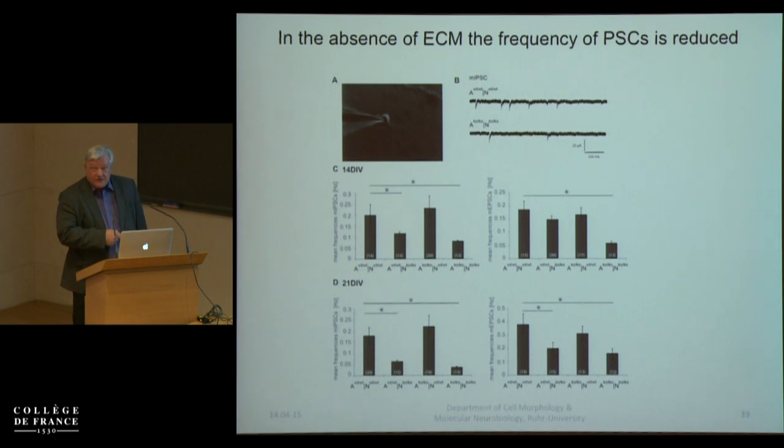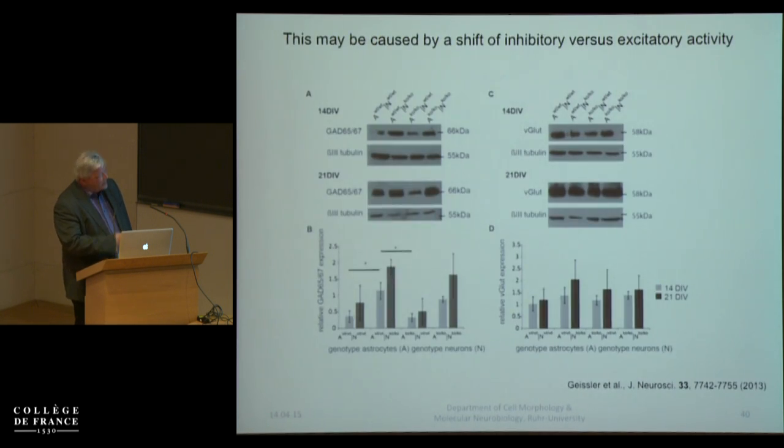So there is a neuronal phenotype that cannot be rescued by wild-type astrocytes under these conditions. In addition, we found a tendency of increase of GABAergic markers such as GAD65 or 67, which could reflect an enhanced presence of the GABAergic system in the quadruple knockout.